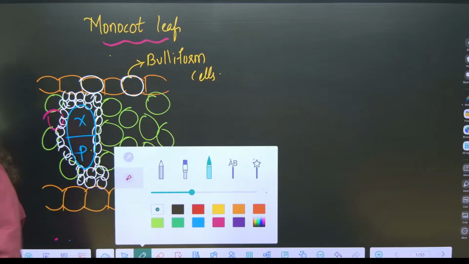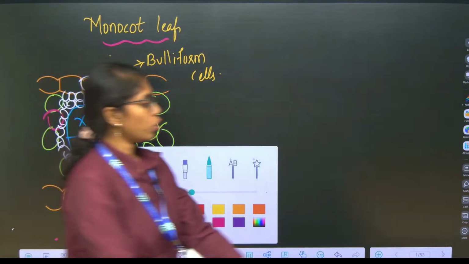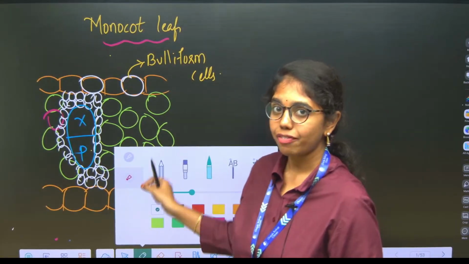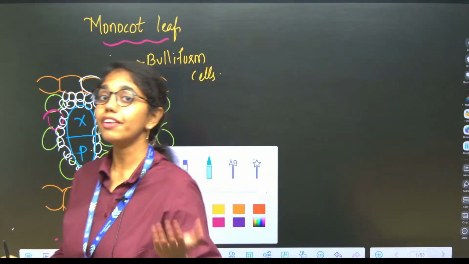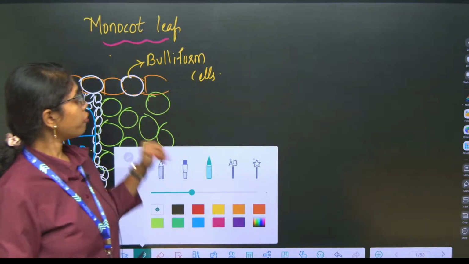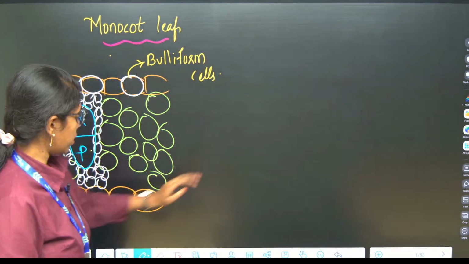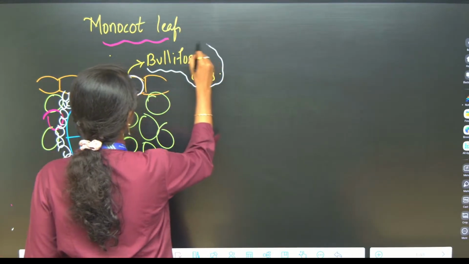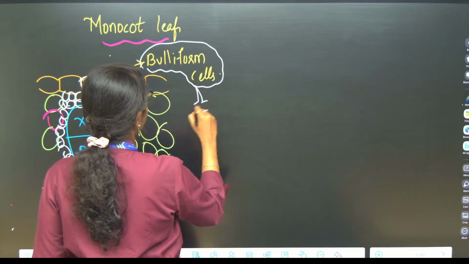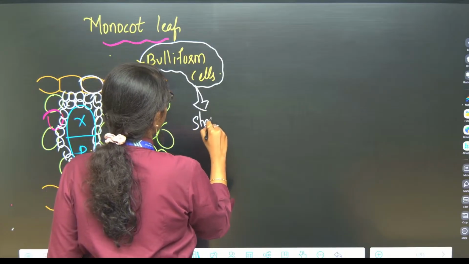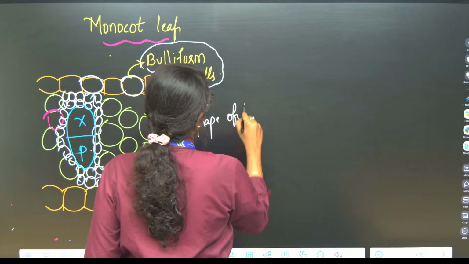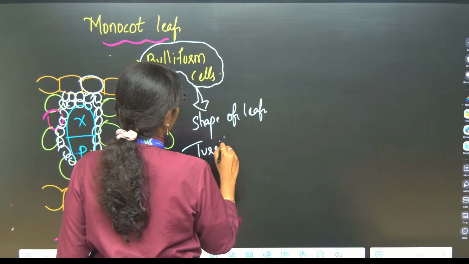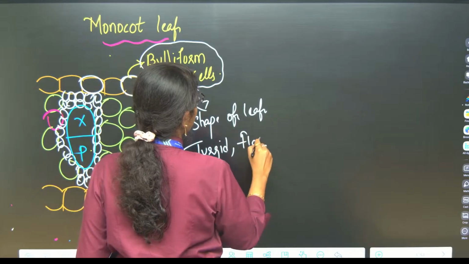In both turgid and flaccid conditions, the leaf shape is maintained because of bulliform cells.